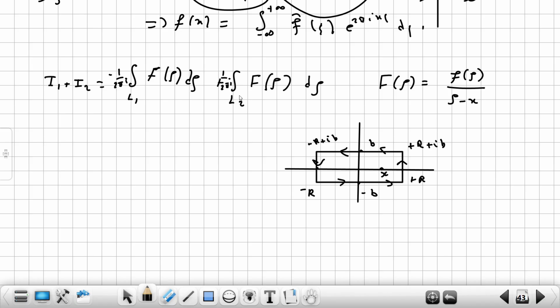Now we can easily show that the integral of capital F of rho over these two vertical segments tends to 0 as r tends to infinity.